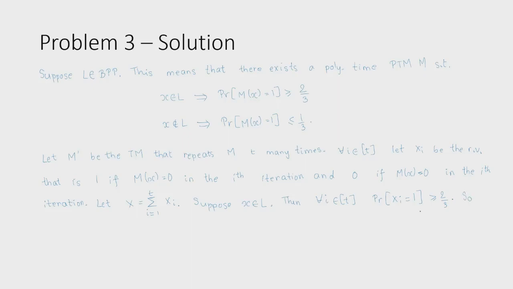So for all i in t, this quantity, the expected value of Xi, this is just 0 times the probability Xi is equal to 0, plus 1 times the probability Xi is equal to 1. This is just the probability Xi equals 1, because the other term is multiplied by 0. This is at least 2/3, right? Yeah, so what does this tell us?